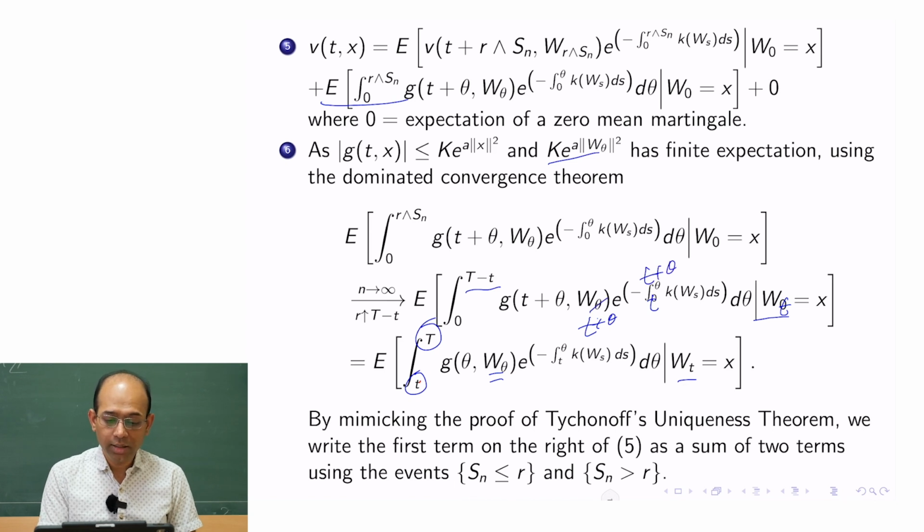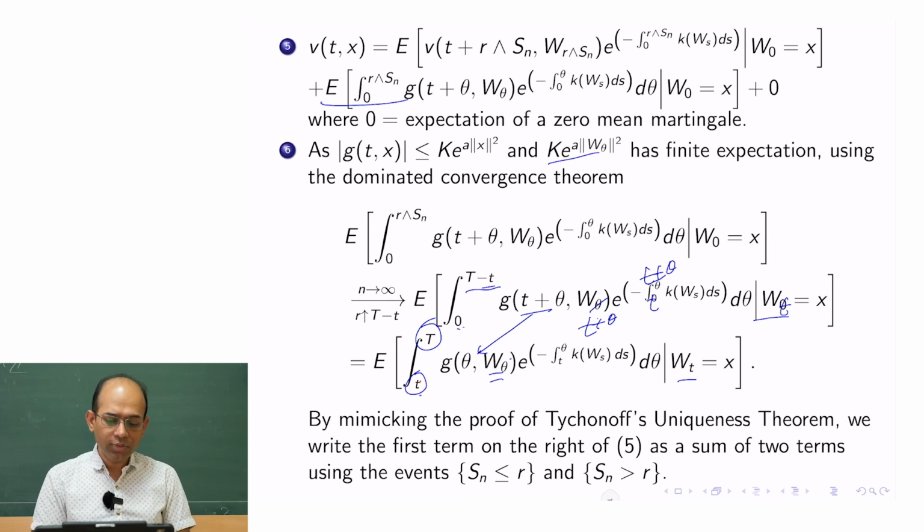Then we do another substitution, that we change t plus theta as theta, so this becomes g theta, and w t plus theta becomes w theta, and here since t plus theta is theta, we write theta here, and the lower limit of integration, instead of 0, becomes small t, and the upper limit instead of capital T minus t becomes capital T.